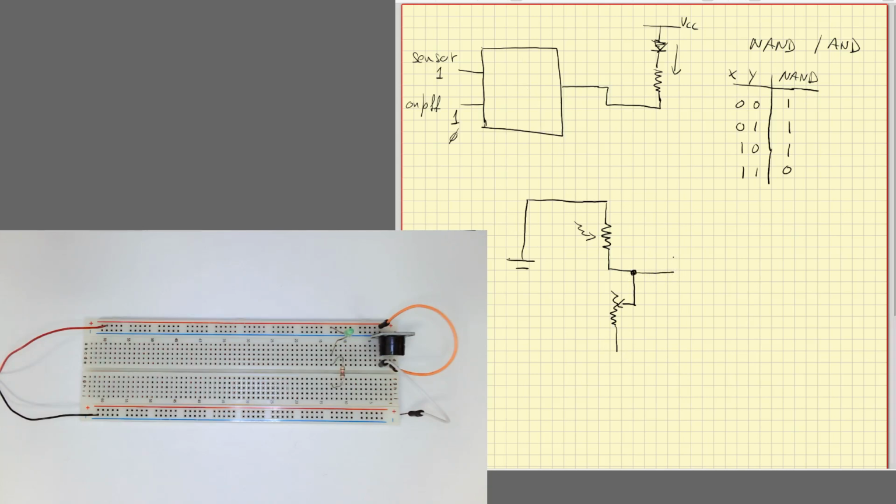We'll use a NAND gate here, and it will go to the output of our circuit. Our limiting resistor, our diode goes here, and all that goes to the power supply. Of course, we can add a buzzer like we did before.